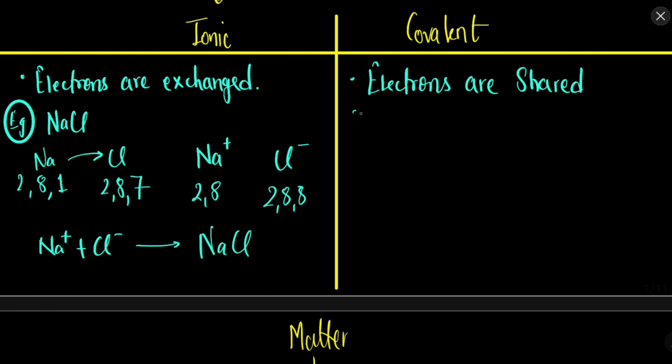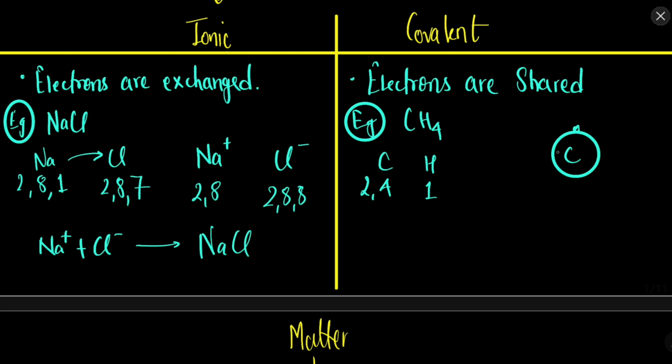Now similarly, let's take one example to understand covalent bonding. Let's say CH4. Carbon is 2,4 and the configuration for hydrogen is only 1. Carbon requires 4 electrons to complete the octet. Let's try to draw the outermost shell only.